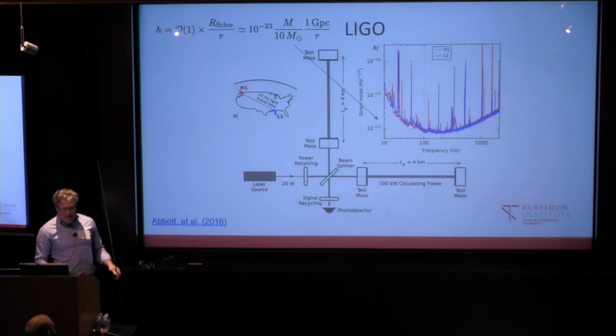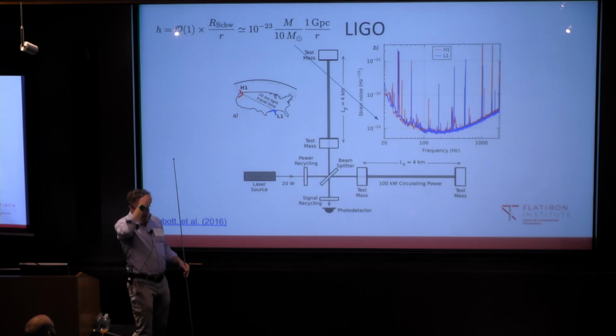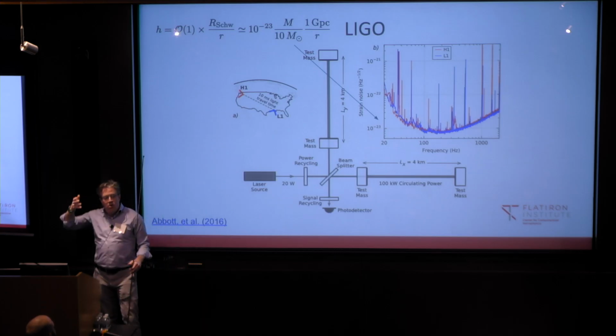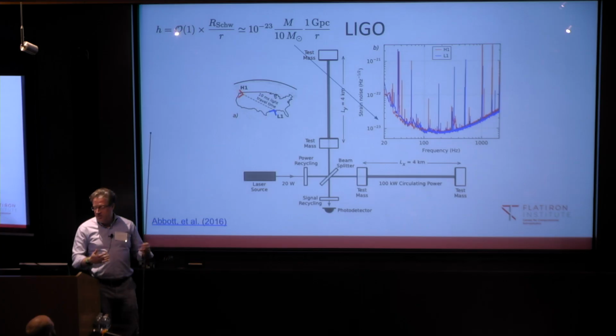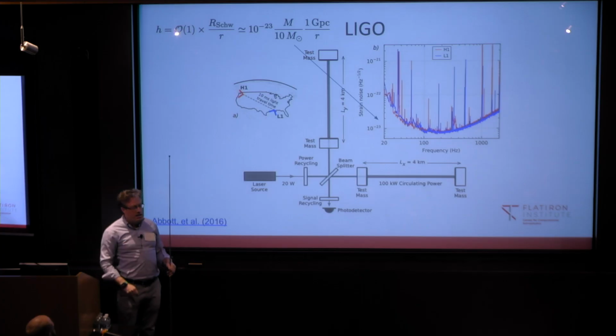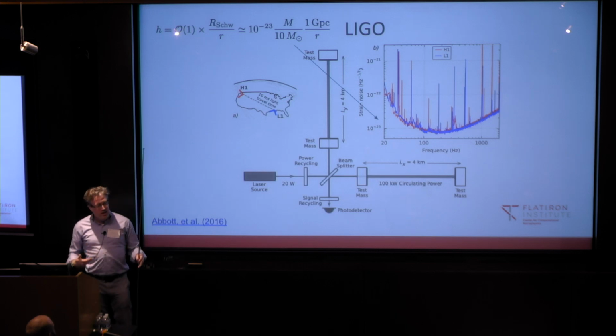On the y-axis, this 10 to the minus 23 fractional strain, well, the strain is a dimensionless quantity. It happens to be the gravitational field, H, this thing that actually propagates in Einstein's theory. Einstein's theory, for small perturbations, conserves energy.